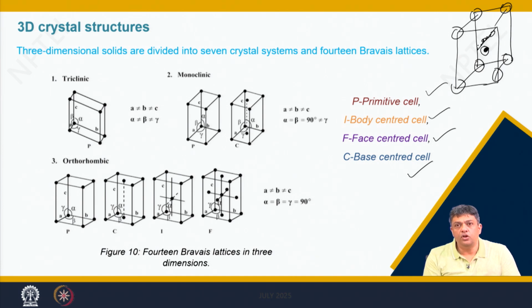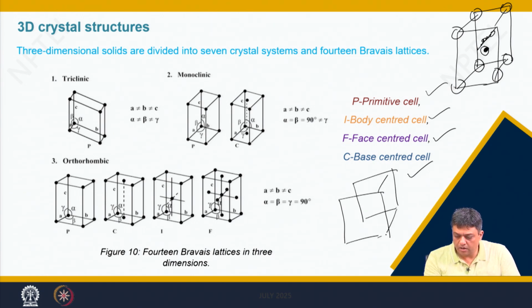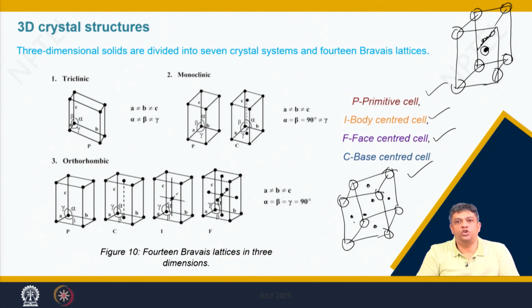But if I draw a face center, then what will happen? There is an atom at the center of all the faces in addition to the atoms at the corners of this cube.